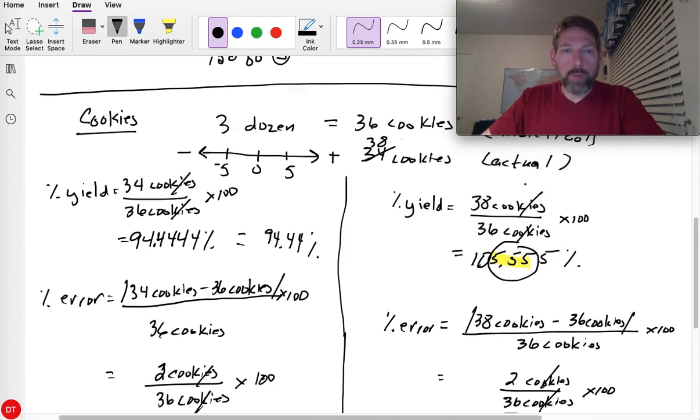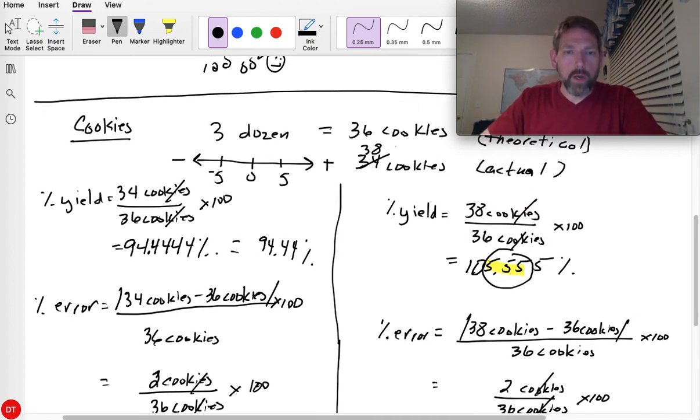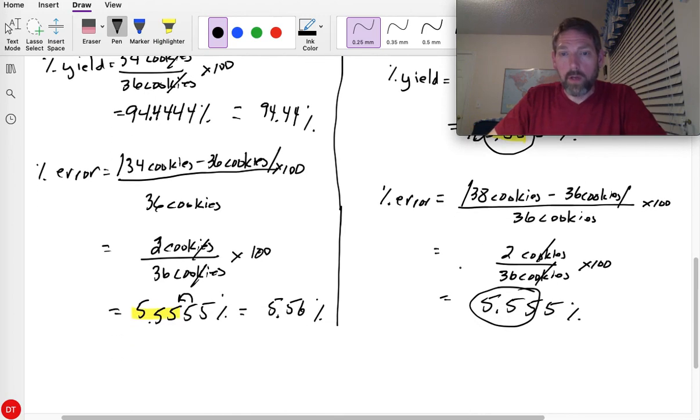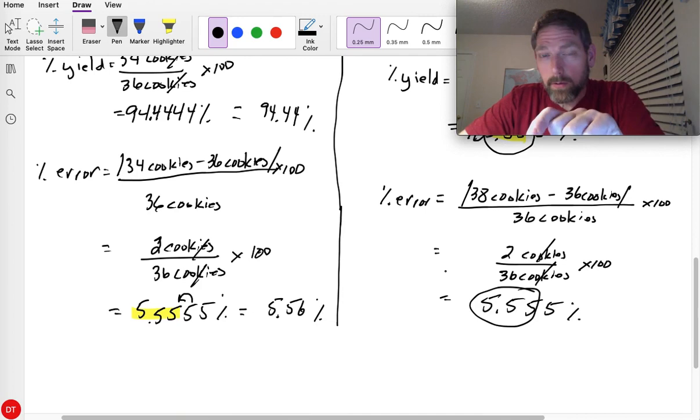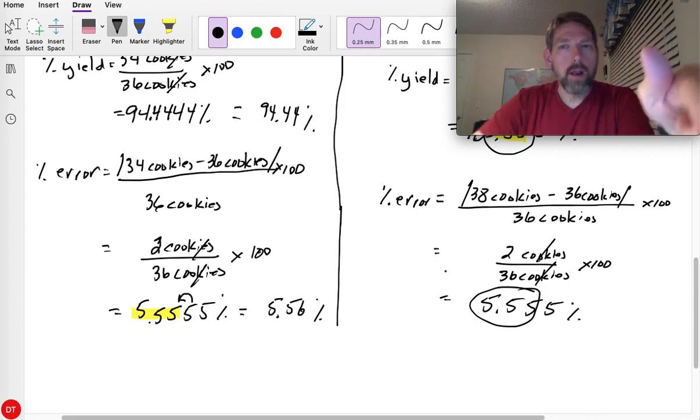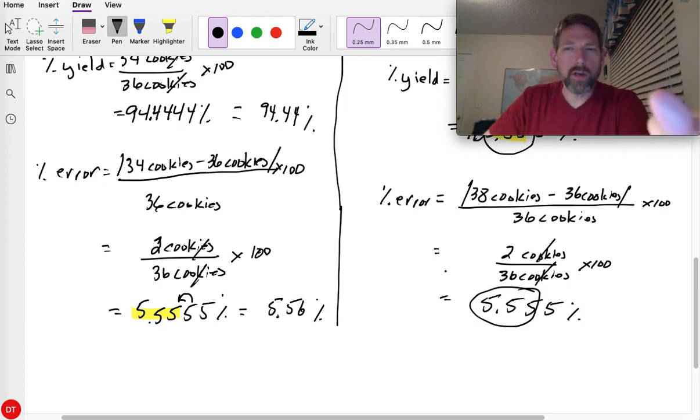So 2 people who are following the same recipe, the group that had 94.44% yield and the group that had 105.55% yield, they both have the same error, but they made different mistakes. And so that's what they would have to do, is think, what did I do that got me 34 cookies this time, and what did I do that got me 38 cookies this time?